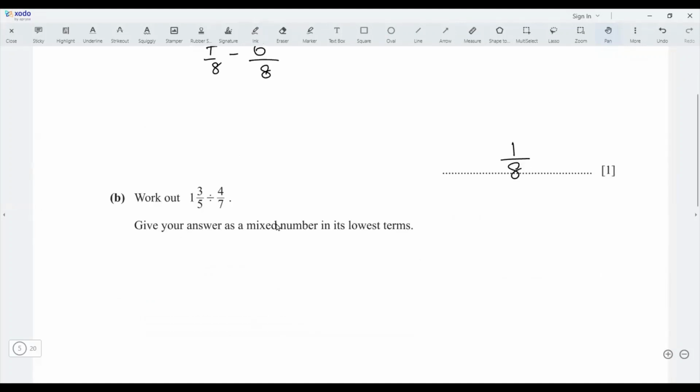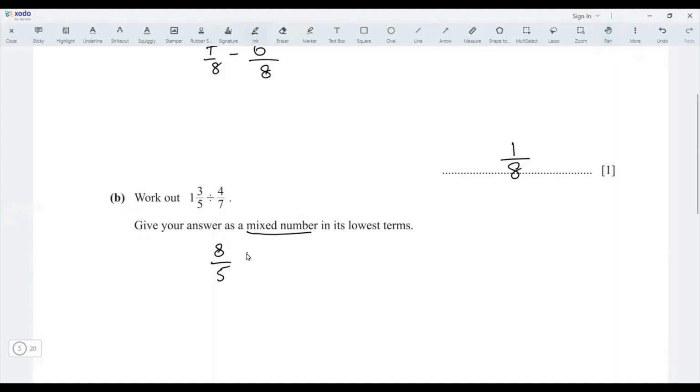Okay. So in the next one, we have to write as a mixed number. So you have to see the question clearly. It is written mixed number. So if you forget to write in mixed number, you will get nothing out of it. So convert this: 5 times 1 is 5 plus 3 is 8, 8 by 5.